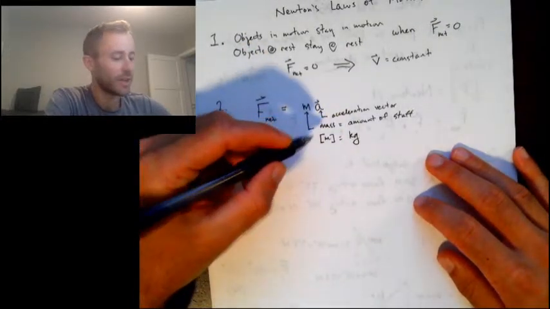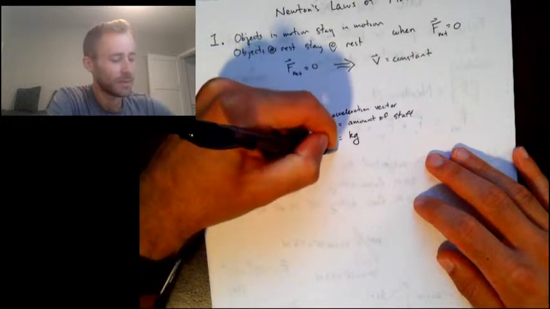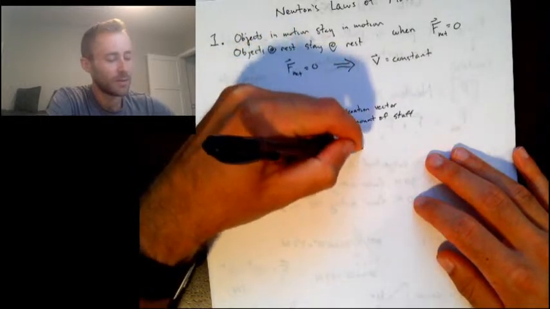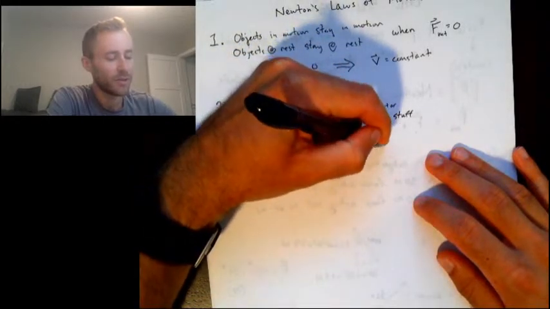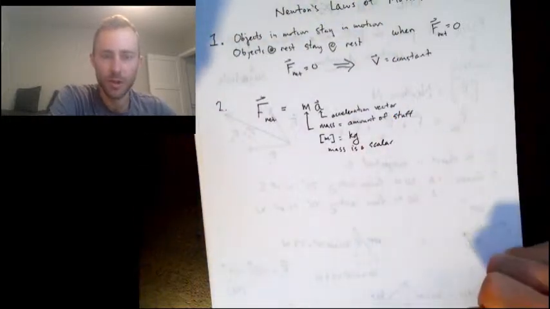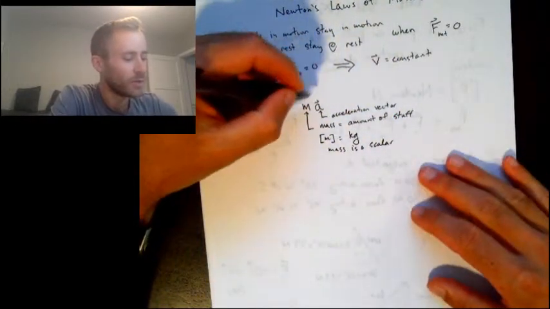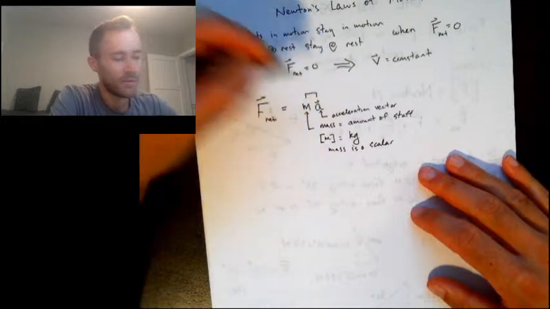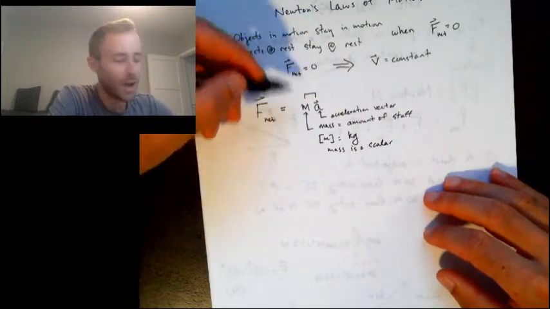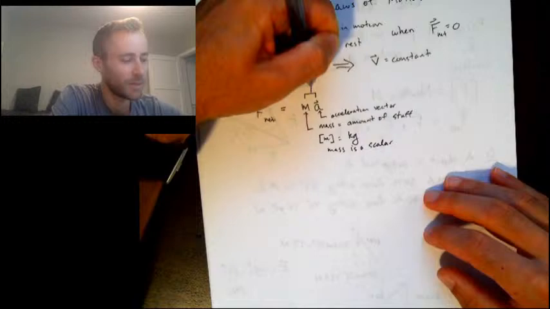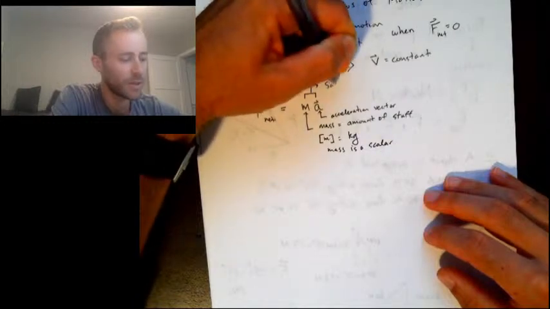Mass is a scalar. So to remind you, a scalar is something that is pure number. It has no direction. It's only magnitude. So here we have a scalar times a vector. So this is an example of scalar multiplication.